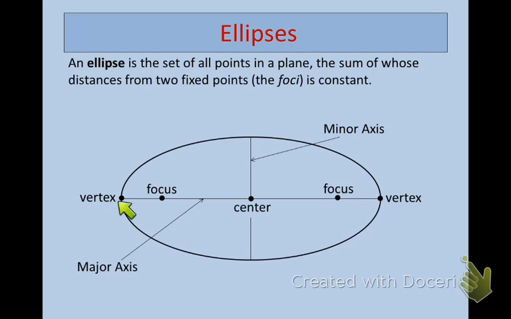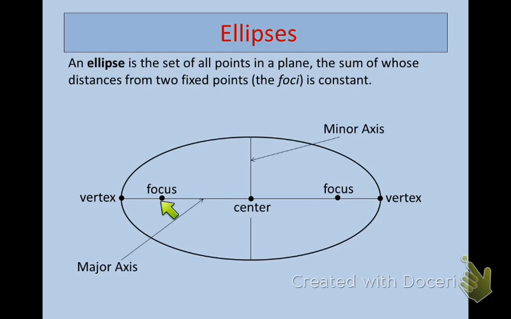The main thing that you guys need to be able to do is understand these vocabulary terms. So the vertices are the 2 points at the ends of the long part of the oval. The foci are going to be those 2 points so that that distance remains constant. I'll show you the formula that we'll use for that on the next slide.